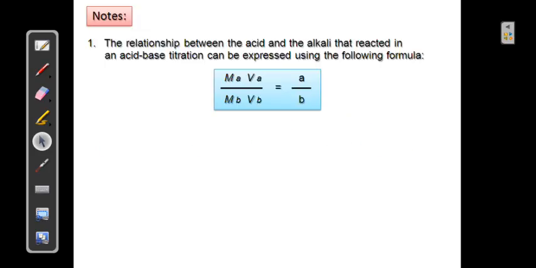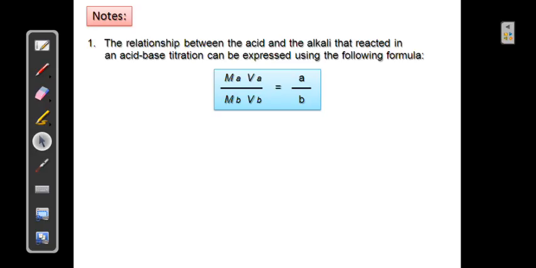Now do take note, number one, the relationship between the acid and the alkali that are reacted in an acid-base titration can be expressed using the following formula. MA times VA over MB times VB, which is equal to A over B, right? So what is A, what is B?